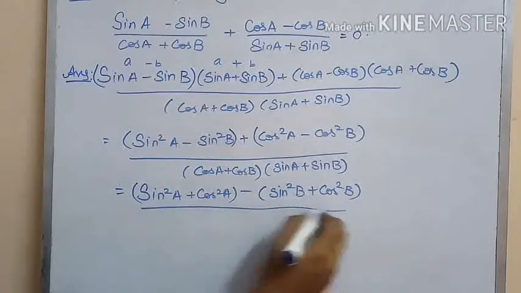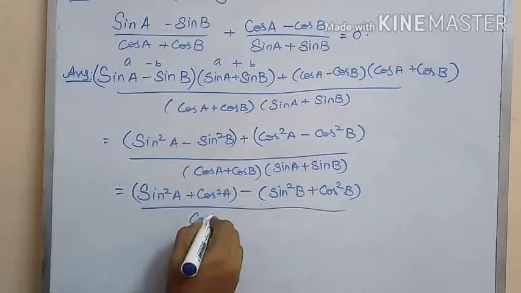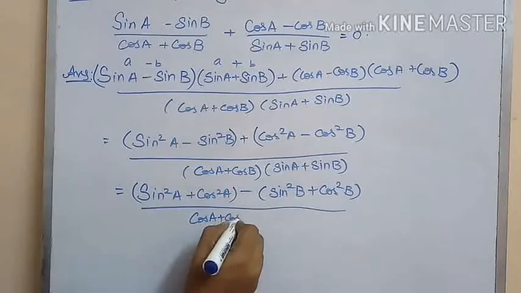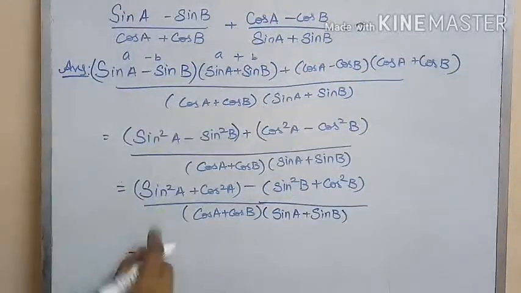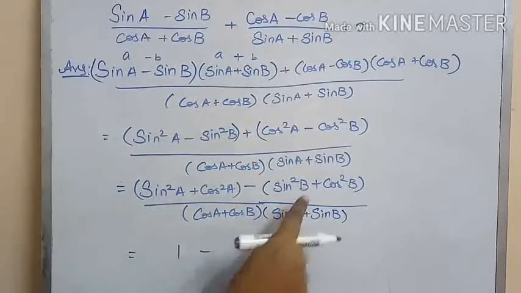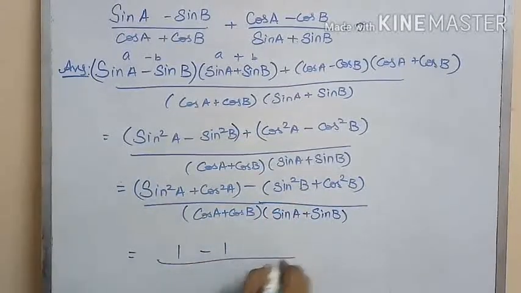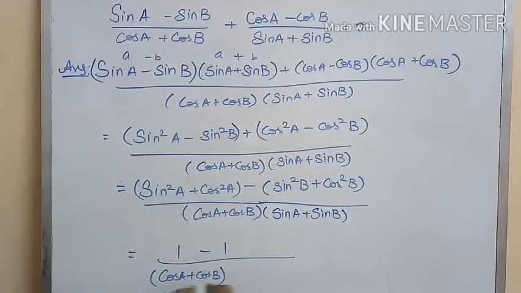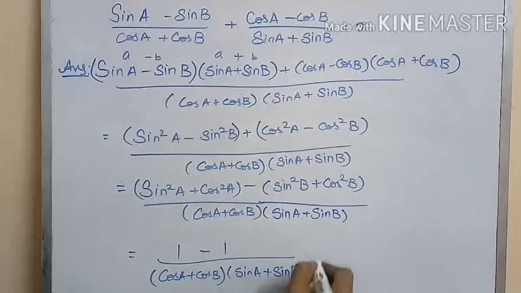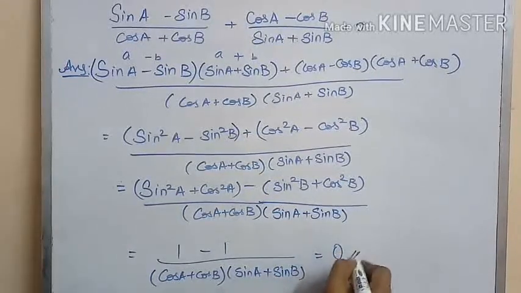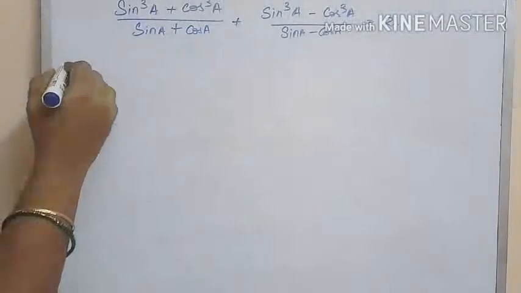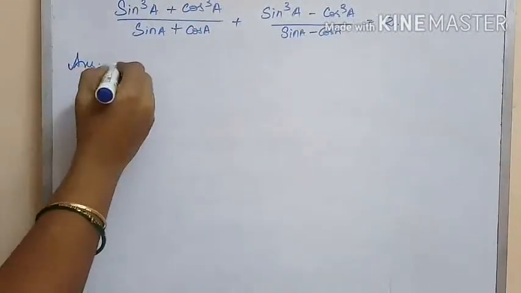We know the identity sin squared theta plus cos squared theta is equal to 1. So in the numerator we get 1 minus 1 by the denominator. So we get the answer as 0, which is RHS. Hence proved.